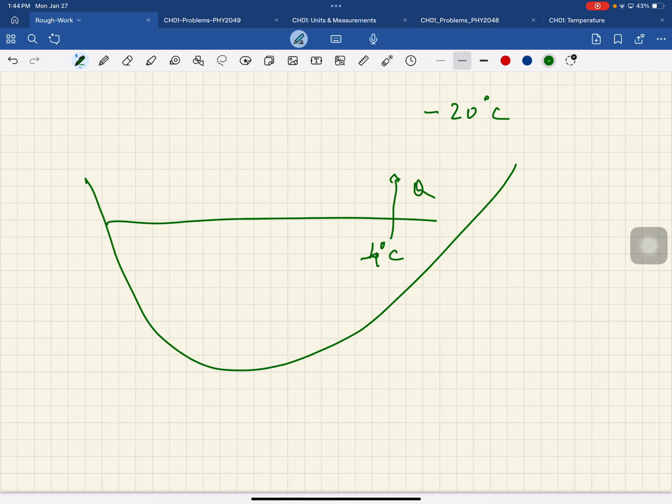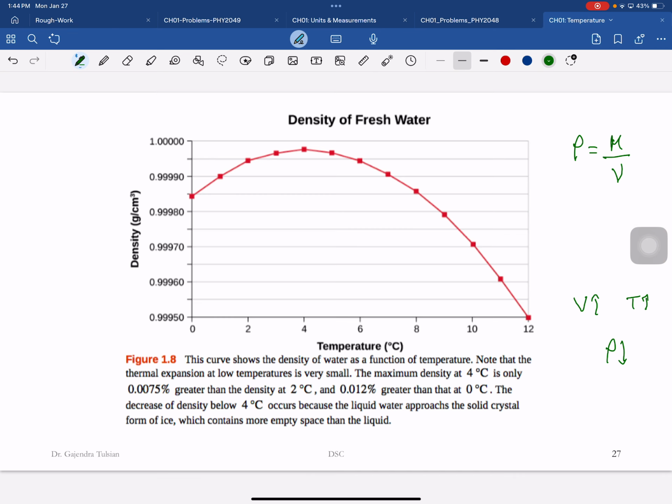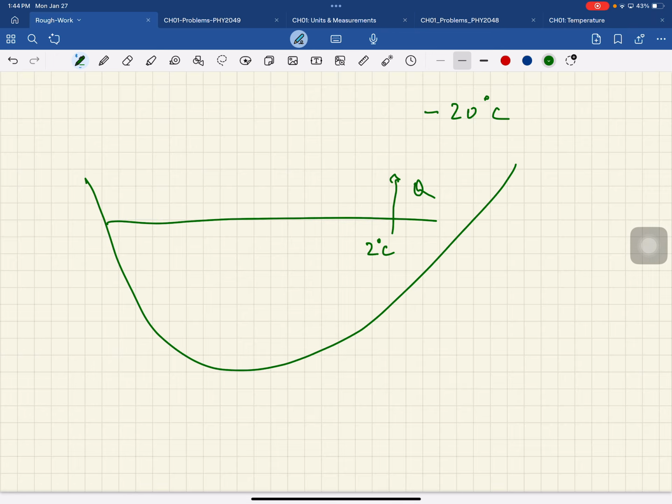The entire lake is at 4 degrees. Now this is at 2 degrees Celsius. At 2 degrees Celsius, this water is less dense than the water at 4 degrees Celsius. Now that won't sink.